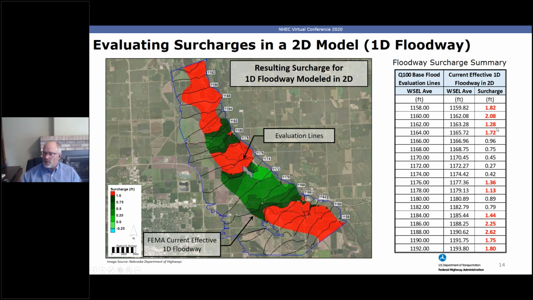And so the rows highlighted in red obviously indicate where they exceed the allowable 1 foot surcharge. Okay, so that's pretty straightforward.